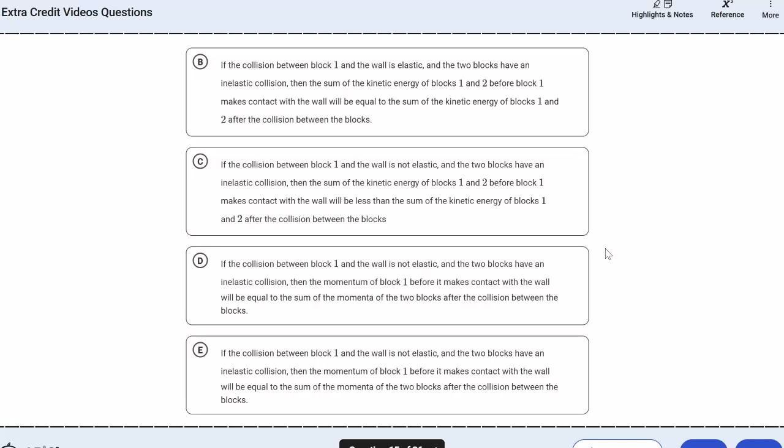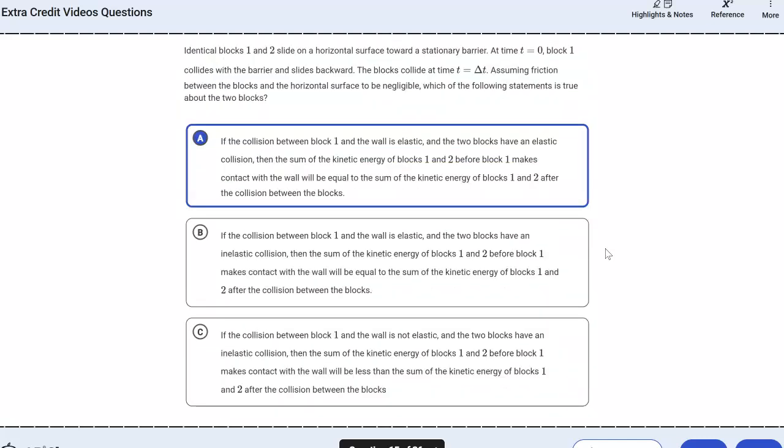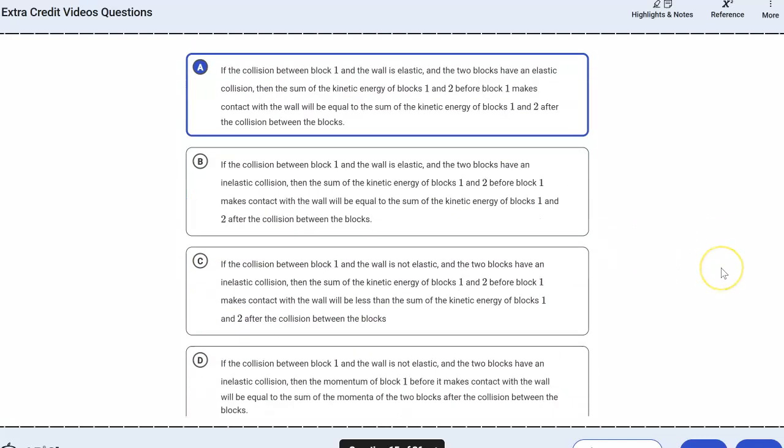If the collision between block 1 and the wall is not elastic, and the two blocks have an inelastic collision, so nothing's elastic, then the momentum of block 1 before it makes contact with the wall will be equal to the sum of the momenta of the two blocks after the collision between the blocks. So this is interesting. It talks about the momentum.